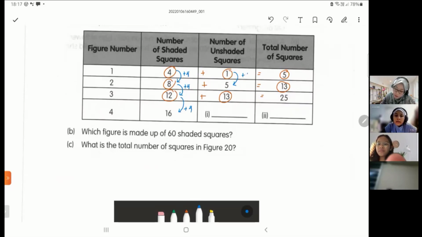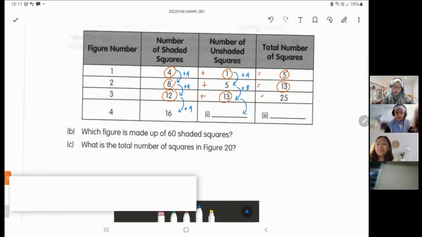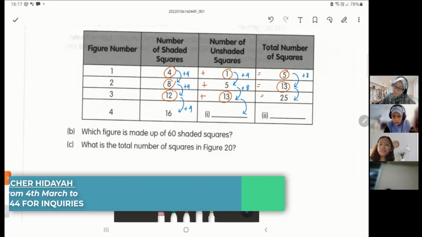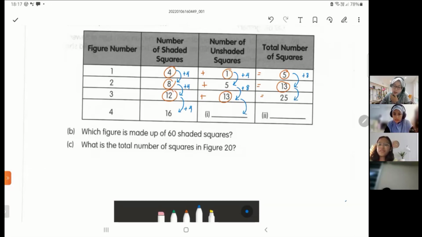It's plus 4. 5 to 13 is plus 8, sorry. Okay. So, if you notice, this one will plus something. Later you figure it out. From 5 to 13 plus 8. 13 to 25 is plus 8.